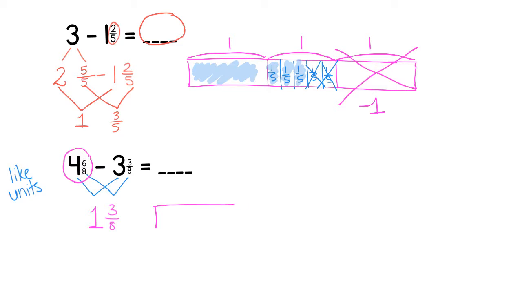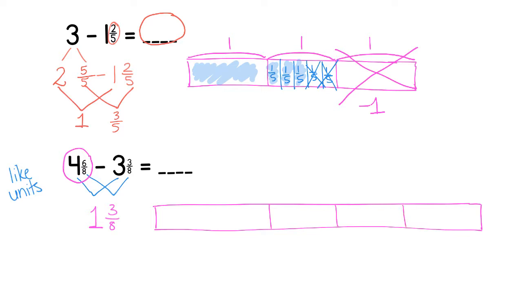So I'm going to draw my bar model, and I'm going to split it into 5 pieces because I have 1 whole, 2 wholes, 3 wholes, 4 wholes, 5 wholes, and I did a really bad job at drawing equal wholes there. So sorry. 5 wholes, but we're only using 4 of them. So I'm going to shade in 4 of them.